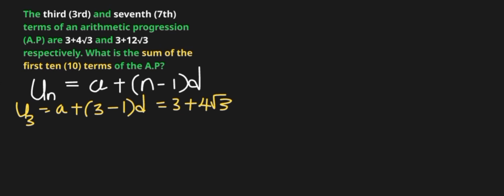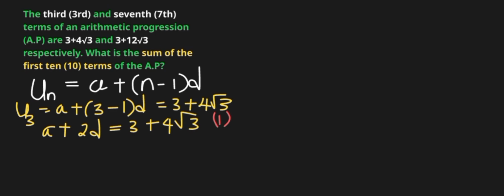So the last two parts of the equation can be equated. A plus 2d is now equal to 3 plus 4 root 3. This we can call equation 1.